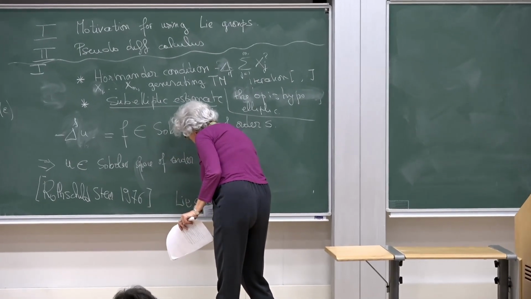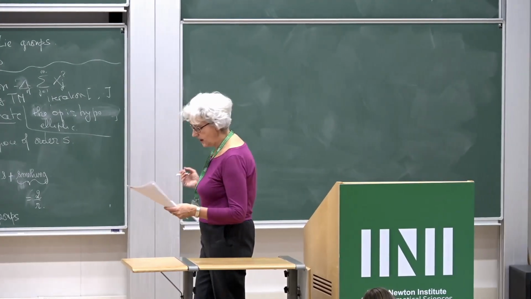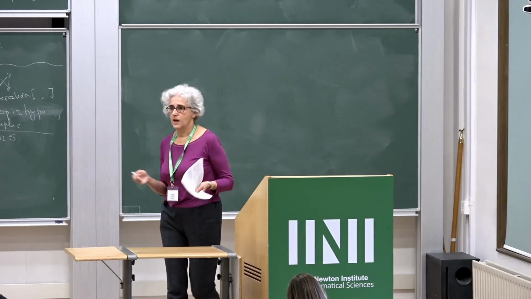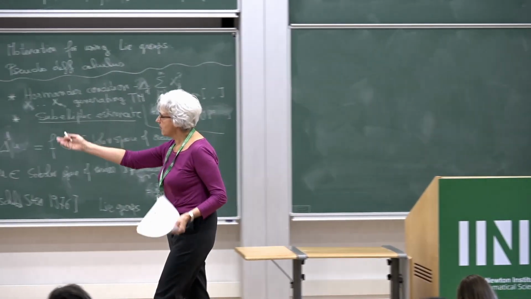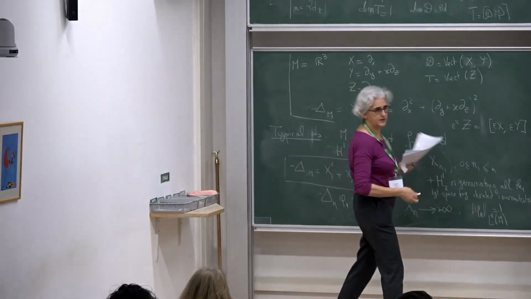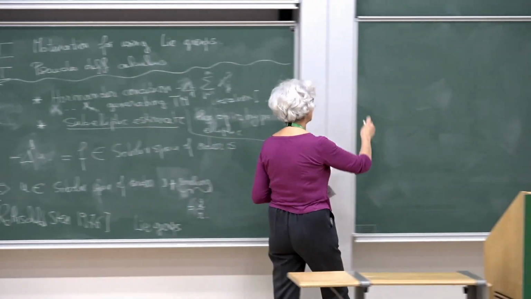Using Lie groups in this context is not new. It's a very old story from the 70s. In some sense, one way to motivate it is to say that I'm doing PDE, so I like my operator, and I like these vector fields. These are the most important things in my problem.